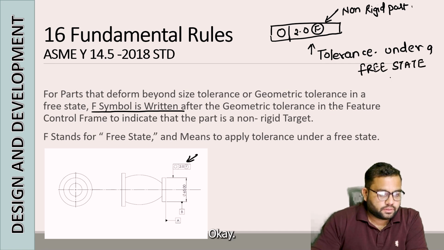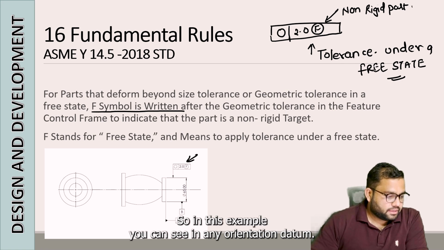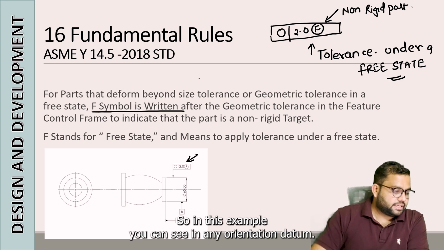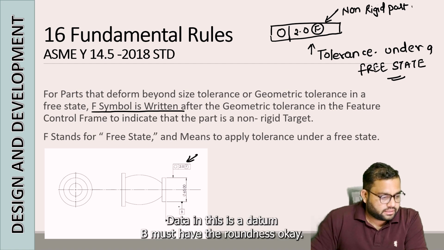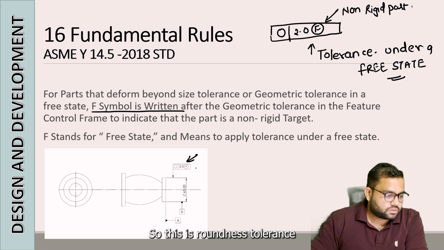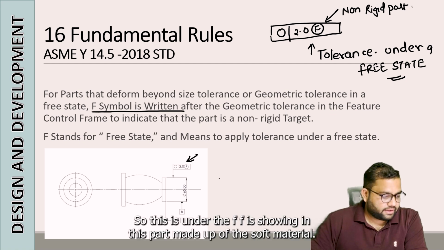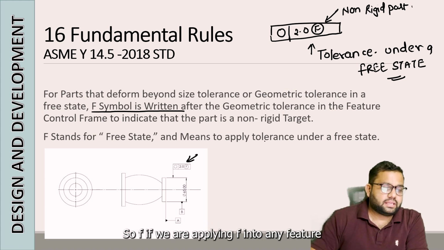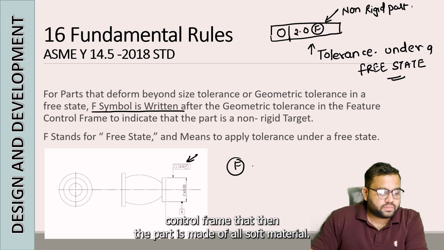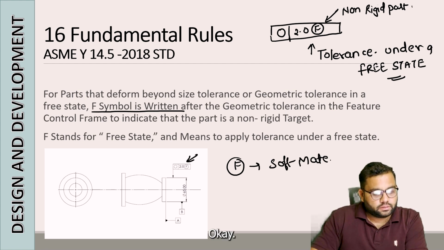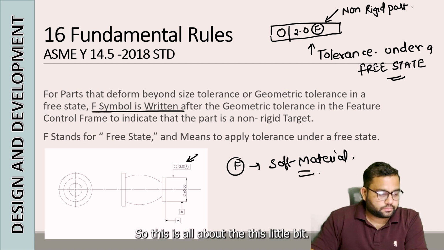This is very important. In this example, datum B must have roundness, a roundness tolerance of 2 mm, under the F. F shows that the part is made up of soft material. So if we apply F in any feature control frame, the part is made up of soft material.